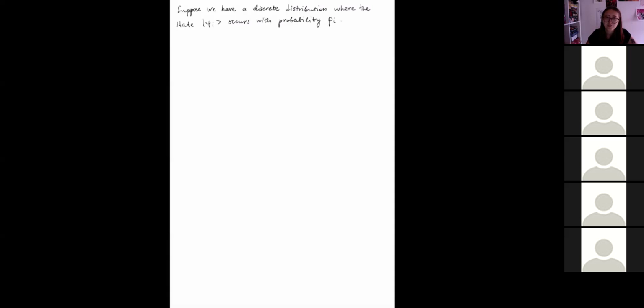And let us consider in this setting an observable A. Let us calculate the expectation of this observable with respect to the ensemble that we're looking at.